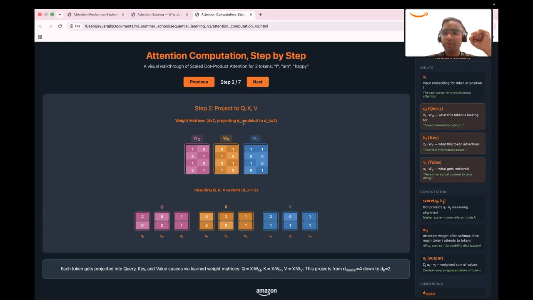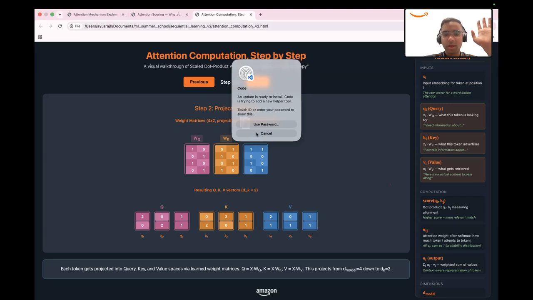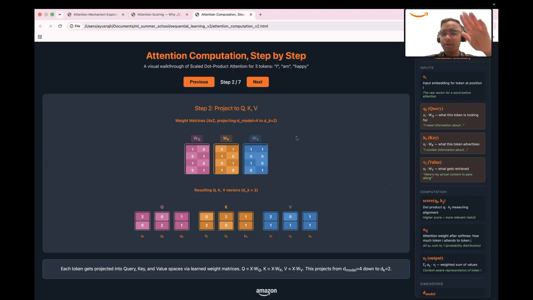What's that scoring function? We make three kinds of entities: query, key, and value. I get a query vector corresponding to each and every token, a key vector corresponding to each and every token, and a value vector corresponding to each and every token.